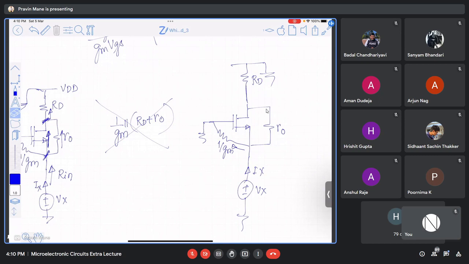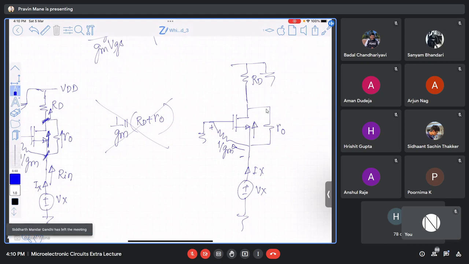1 by Gm is not a practical resistance. What is the purpose of connecting 1 by Gm? It provides a model for the transconductance. So actually, when I change a voltage here across 1 by Gm, the current flows in this direction. If I know the voltage across gate and source, I will be able to find the current flowing.